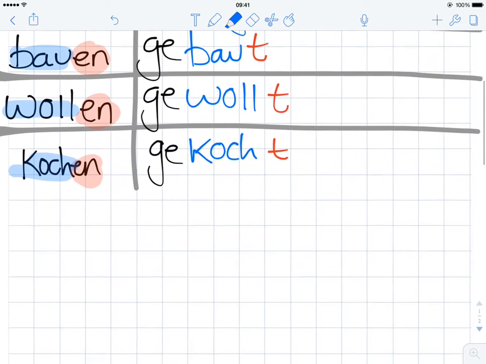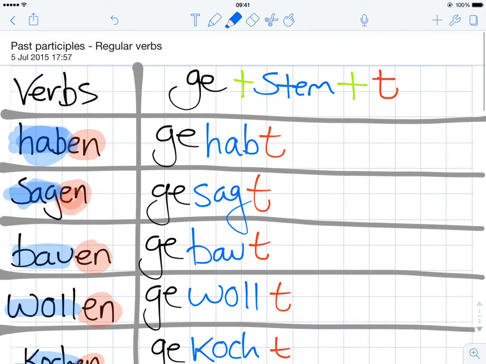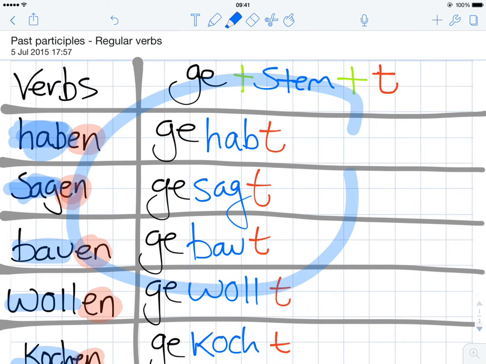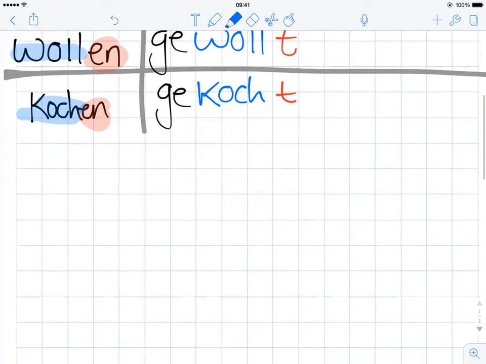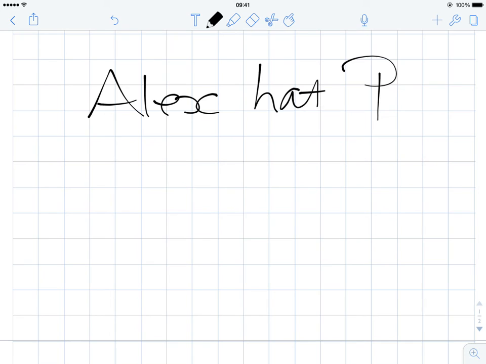The other way you can use this is by going backwards with it. Let's say you've come across a text and you want to use this principle for something new. Let's say you're doing a written piece and there's a sentence in there: Alex hat Peter gefragt.